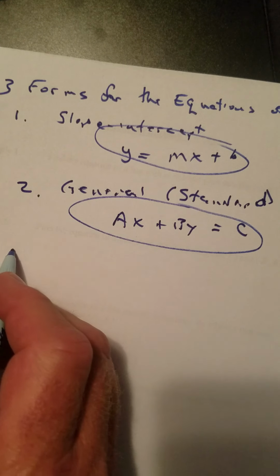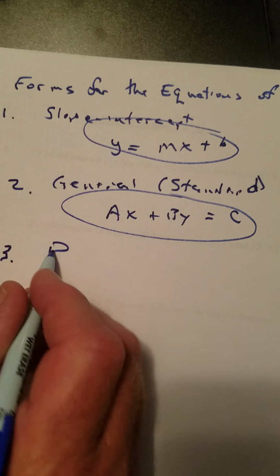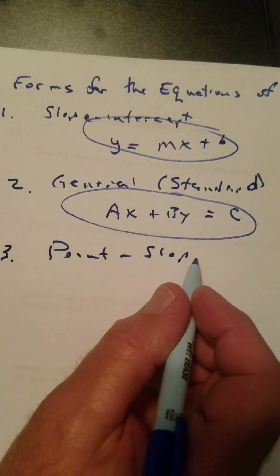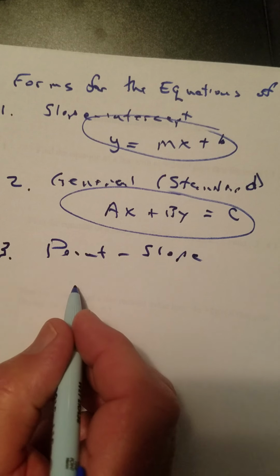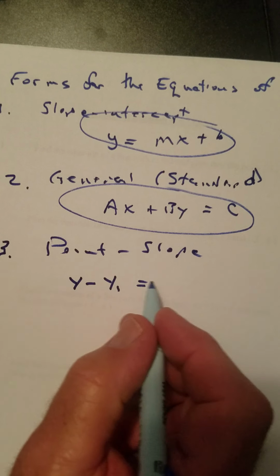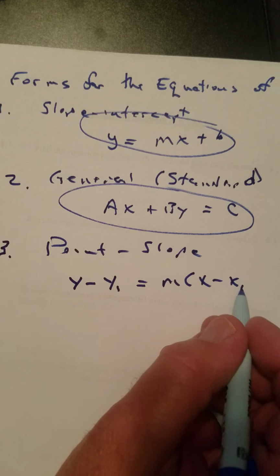Now here's the third one, and we just touched on this in the last lesson. It's called point-slope form. Point-slope is y minus y1 equals m times x minus x1.